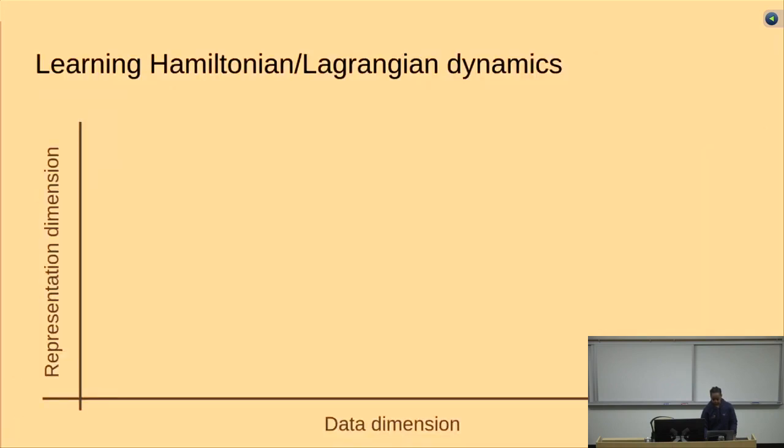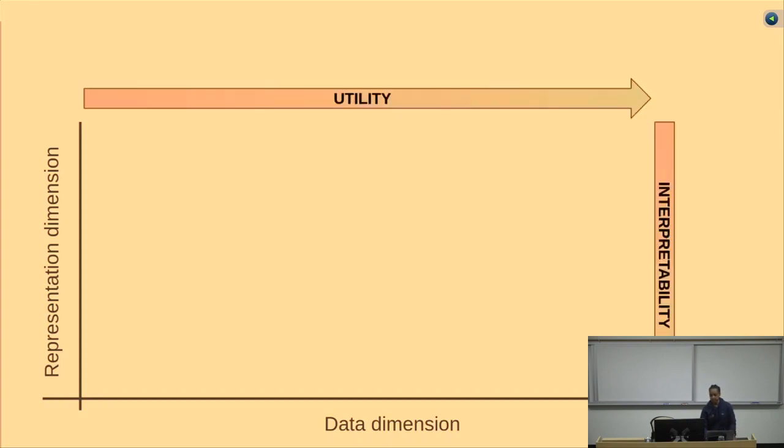So approaches to learning Hamiltonian and Lagrangian dynamics from video fit into this larger landscape of works that can be organized by the dimension of the reduced representation they produce. That's shown on the y-axis, and the dimension of the data that they consider is shown on the x-axis.